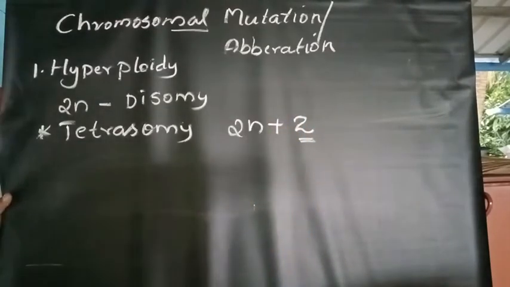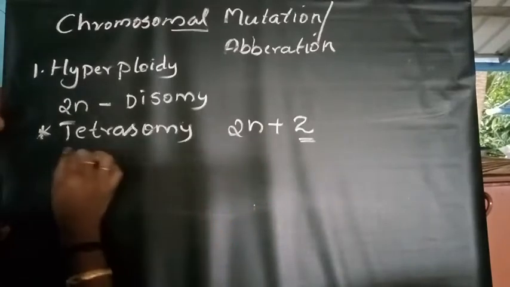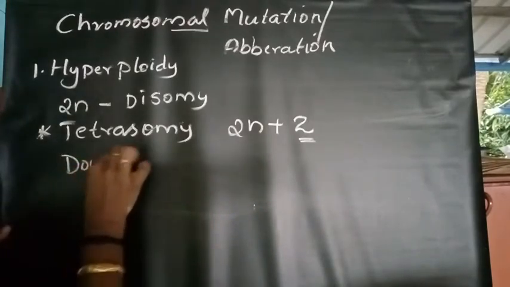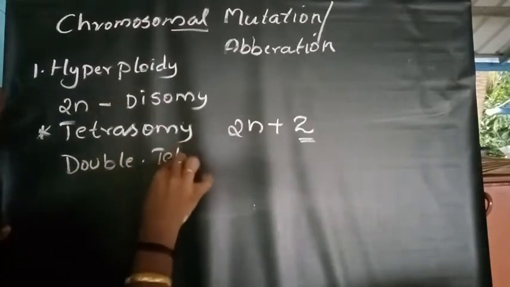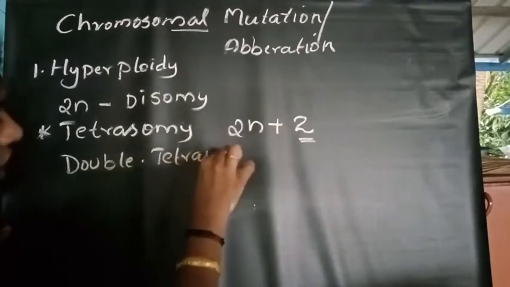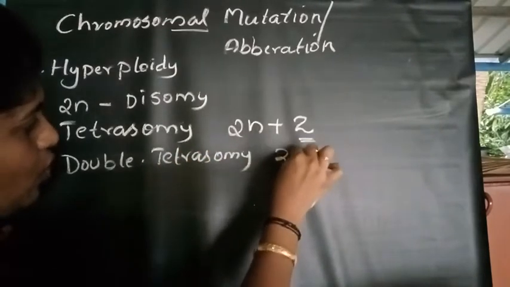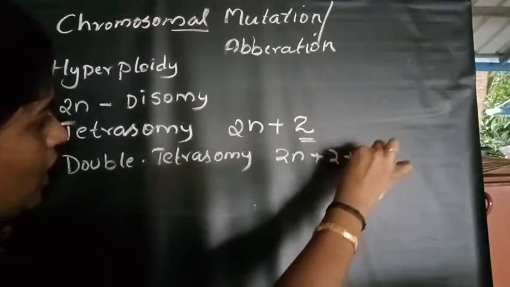Two individual chromosomes are added at a time, not individually. That is, a pair of chromosomes is added, and that is called tetrasomy. Double tetrasomy is 2n plus 2 plus 2.